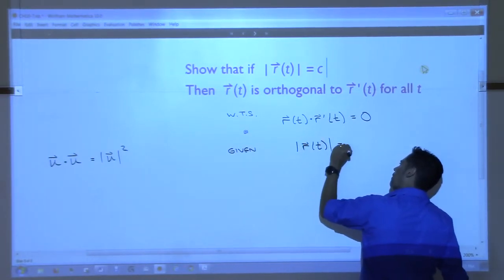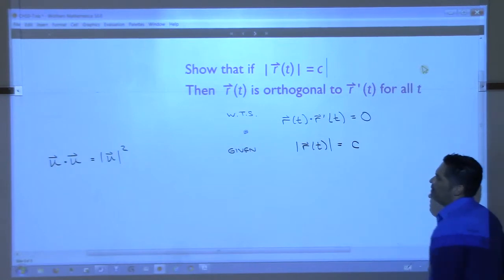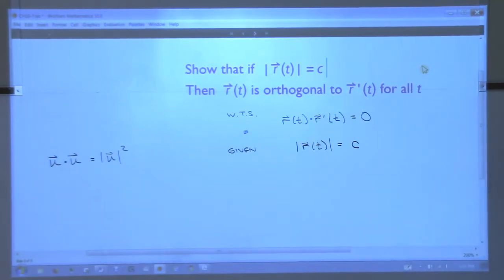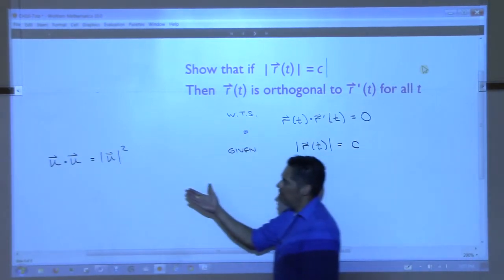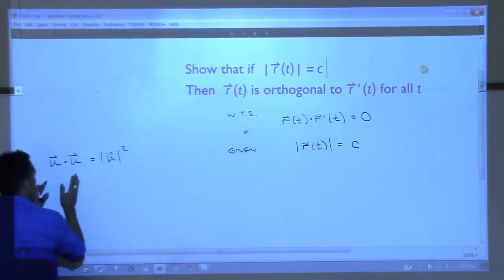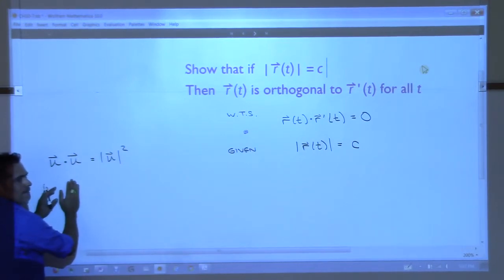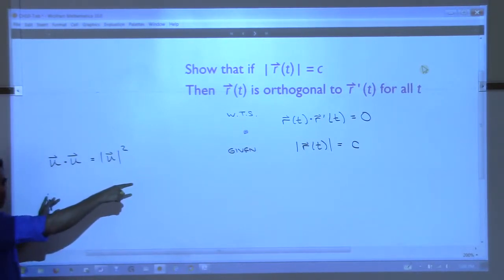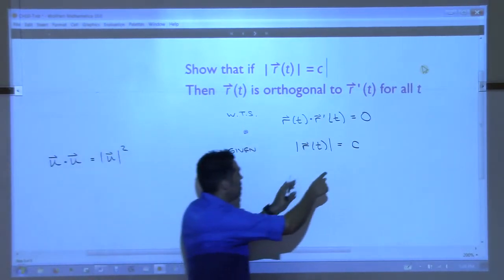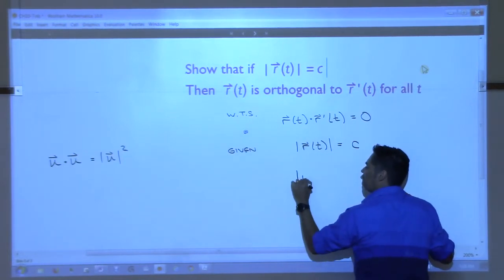Okay. Right? Help me use this. Wouldn't you be able to use the dot products of both vectors to say that equals the constant squared? Okay, so square both sides of that equation. If I square both sides of this equation, what do I get?